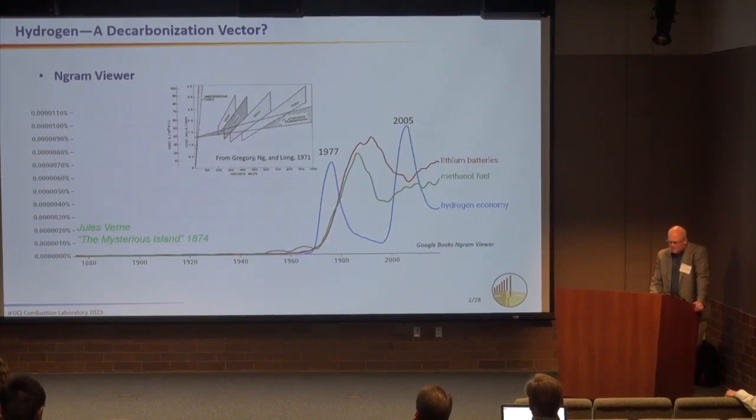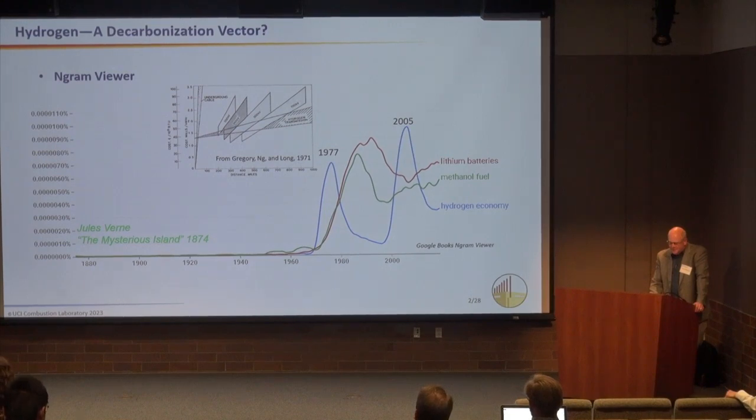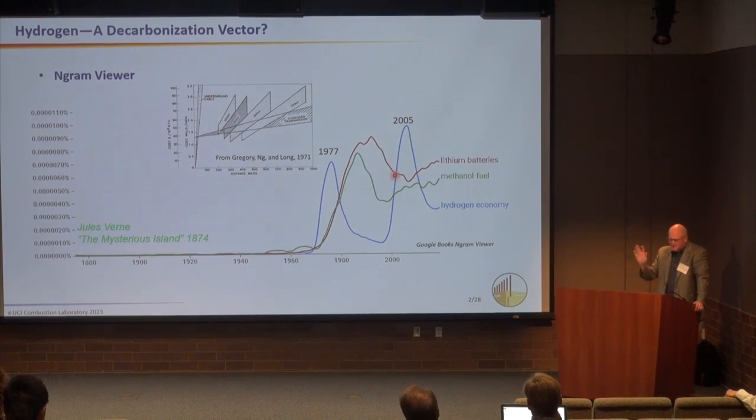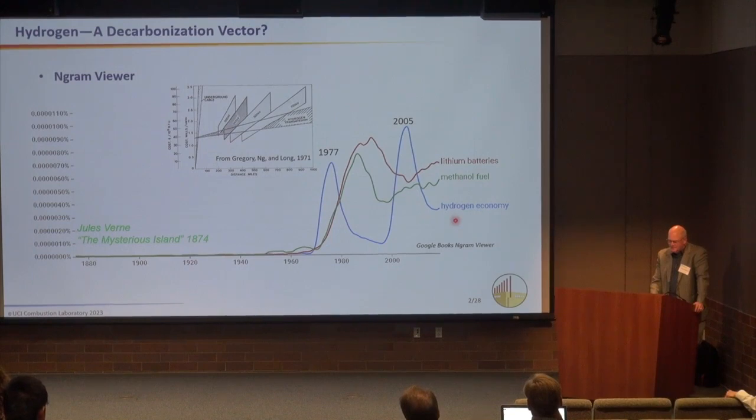I'm showing this in the context of an Ngram viewer, which is showing how many publications, papers, articles, anything has those terms in it. And you can see there's really nothing happening here on any of these, lithium batteries, methanol, hydrogen, until the 1960s or so.